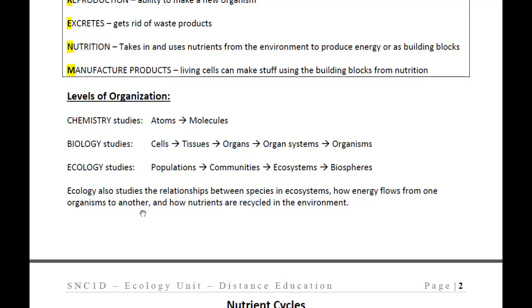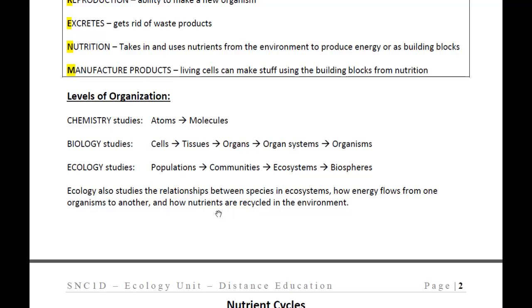So we're going to talk about predation and symbiosis and mutualism, and also how the nutrients are recycled within the environment. So these would be how the living organisms are going to use resources and then leave behind a waste product that another organism is then able to use for their food or for their metabolic processes to make energy.